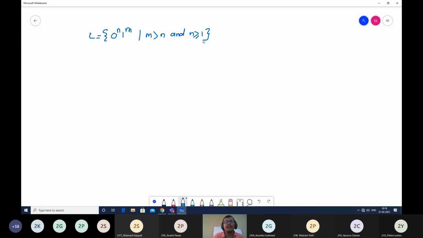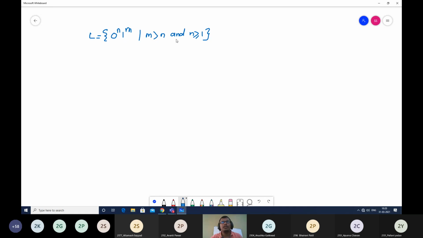M is greater than n. What is given? M is greater than n. So the number of ones, which is your m, should be greater than the number of zeros, which is your n. So in this language, the number of ones should be more than the number of zeros.